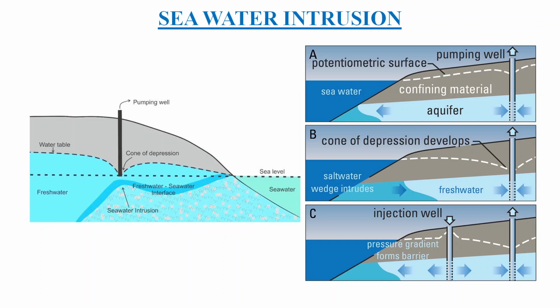This kind of seawater intrusion problem is present all along the coast of the Indian peninsula, be it the east coast, starting from Bengal, Orissa, Andhra Pradesh, Tamil Nadu, or the west coast, in Goa, Gujarat, Karnataka, Kerala. All these places have zones that are extremely affected by seawater intrusion.